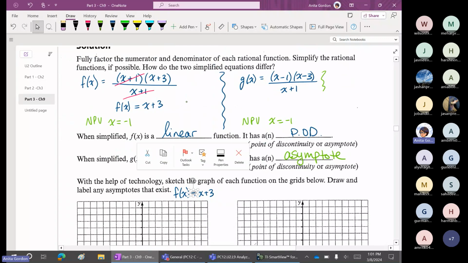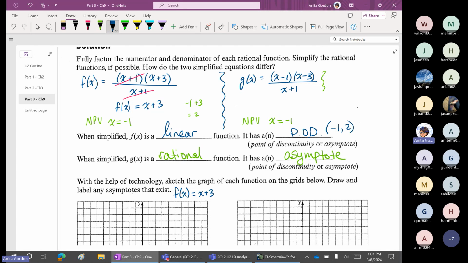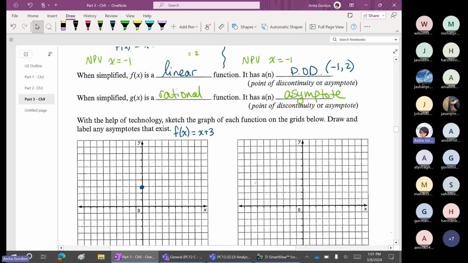If I do -1 plus 3, this gives me 2. So my POD is at (-1, 2). Let's draw that on there. (-1, 2), that is the hole. Slope is 1. So there we are. That is the picture for f of x.